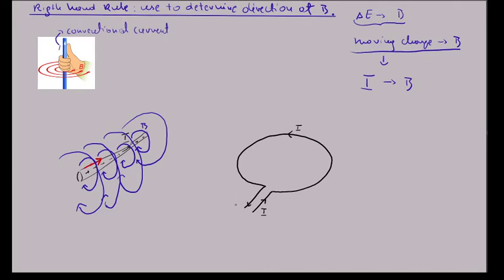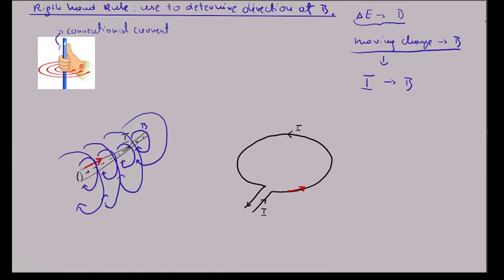Here's your current I. Now let's use the right-hand rule to figure out the direction of the magnetic field at different locations. So how about we choose this point first here. At this point, the current flows to the right, and you would align the thumb of the right hand with the current so that your thumb would point in this direction.